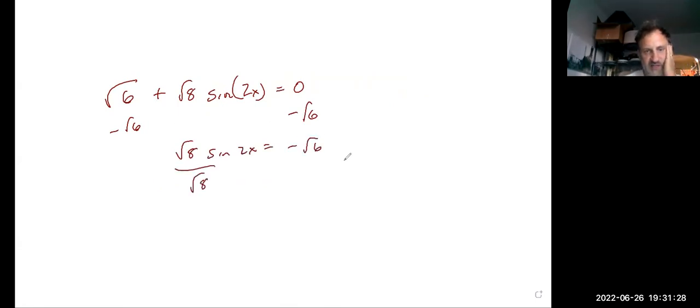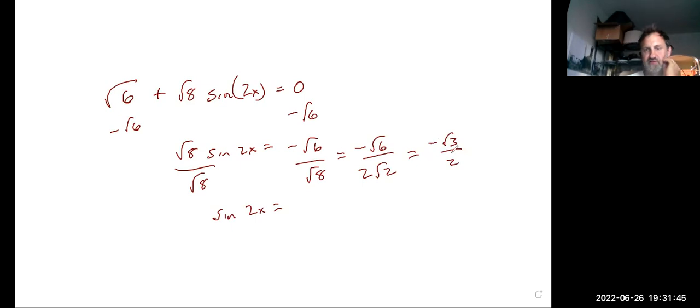Divide by the square root of 8. Sine 2x equals, I've got to simplify this a little bit here. This is 2 root 2, and that means that this is negative square root of 3 over 2. That was a very clever disguise of one of our unit circle values.